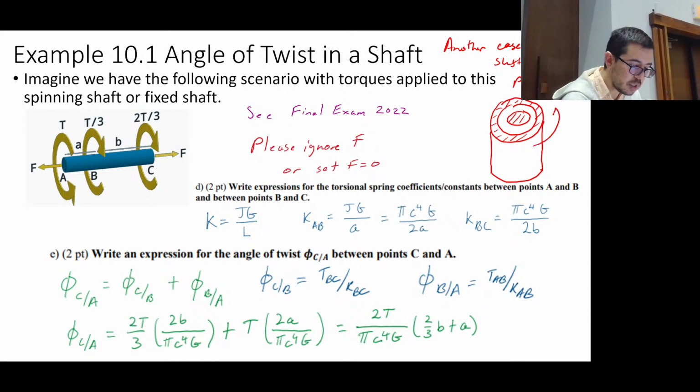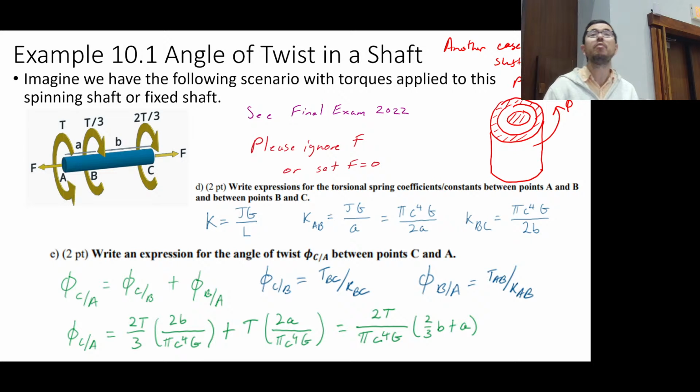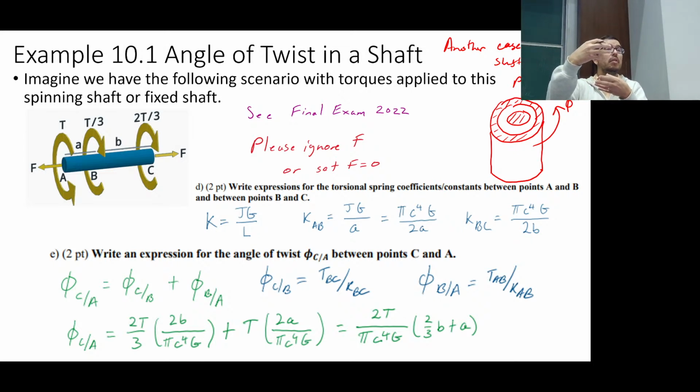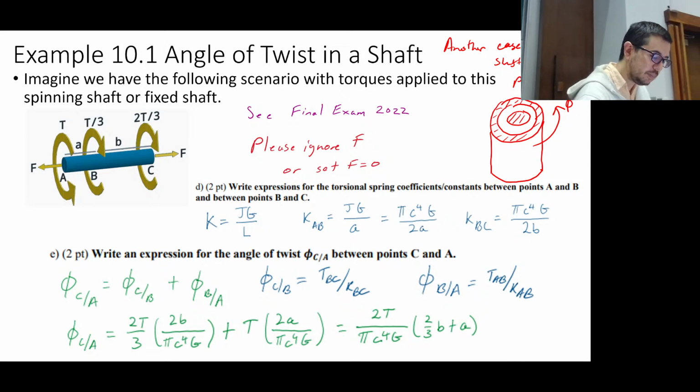Both of these are going to experience the same angle of rotation, right? Essentially what I'm saying is concentric: you have one maybe solid shaft in the middle, and then you have a hollow shaft that goes around the solid shaft, and they would be experiencing the same displacement. The torques could be different. So that's another way to think about parallel.